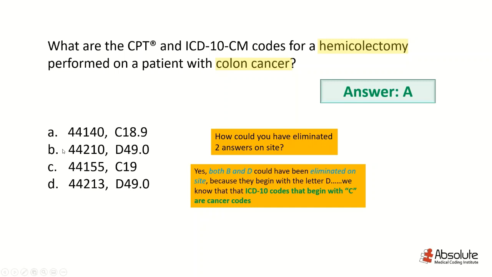So that would have eliminated B and D right on sight, because for this particular colon cancer, we're looking at D49 and D49, and we know these are not cancer codes, so we could have taken these two off the table right away. Like I said, we often don't default to those, but when you have a scenario like that, use that concept of what you can see on sight.